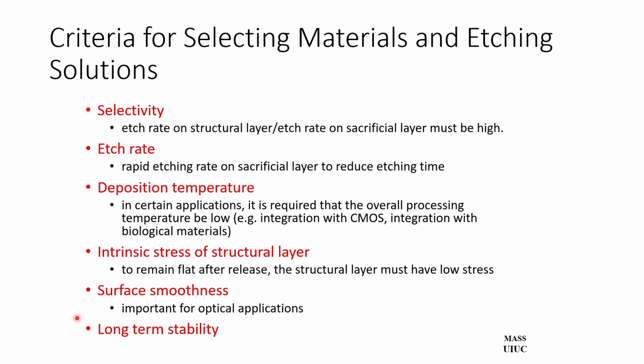Surface smoothness is obviously important, and long-term stability is important. If you have a material whose property changes after a few runs, then you don't have a product. If you don't have a product, then you have no prayer of making any money.